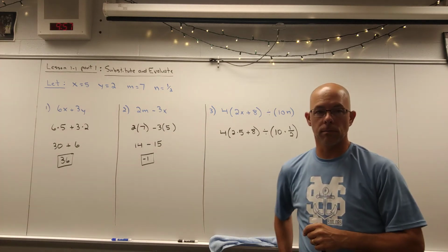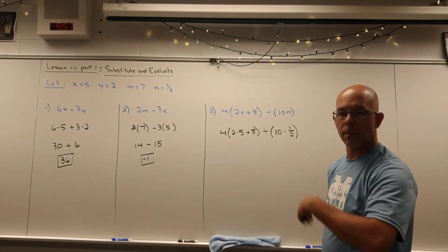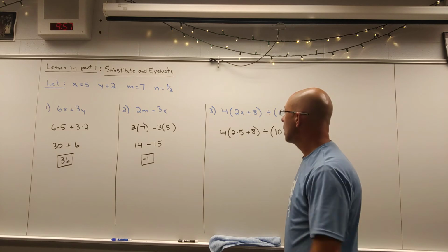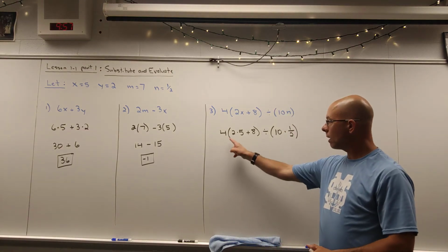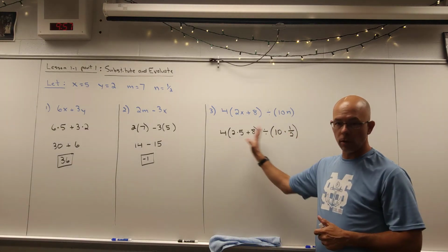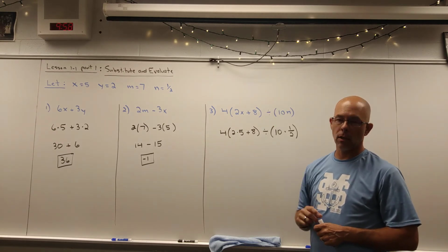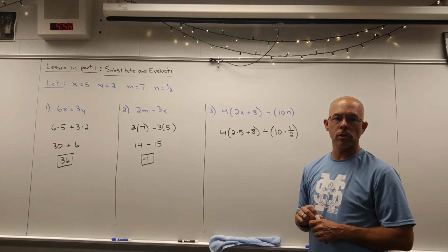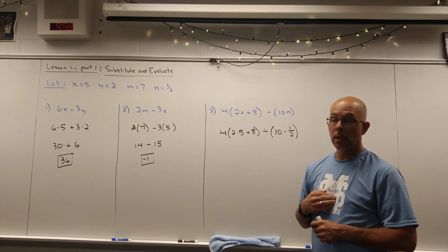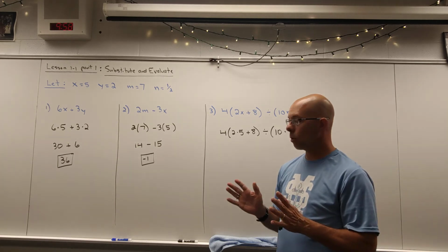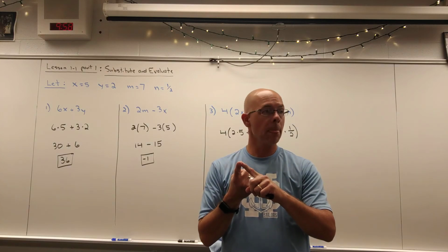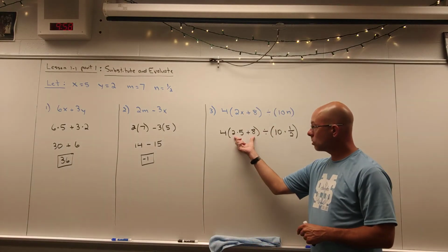Now, I want to address something here that's very important that seems to happen year after year after year. When you have nothing but numbers plugged in, this is all numbers, all order of operations now. Never in the order of operations do you do what's known as the distributive property. See, the first step in order of operations is parentheses. So whatever's inside the parentheses you do.